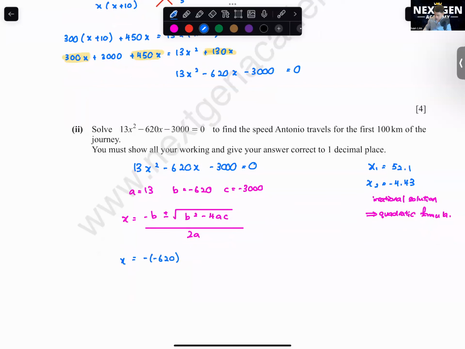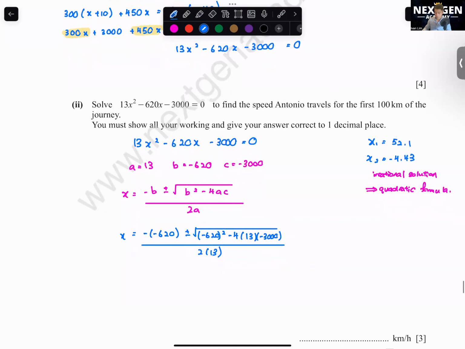Negative of negative 620, plus minus square root of B squared minus 4AC: 4 times 13 times negative 3000, over 2A, 2 times 13. Type the whole thing into the calculator for the one inside the bracket.